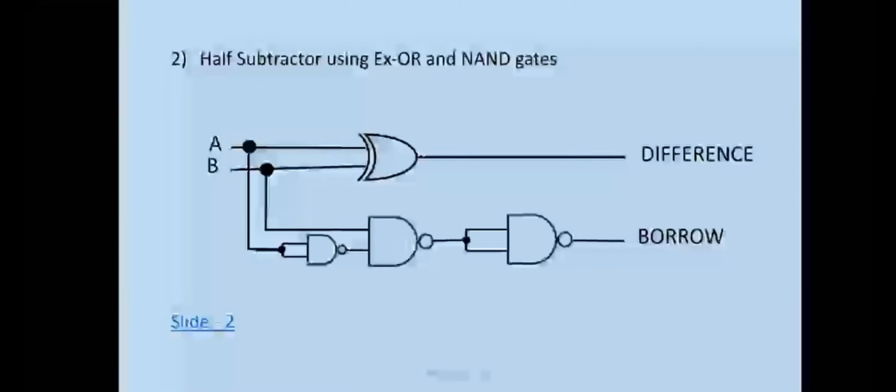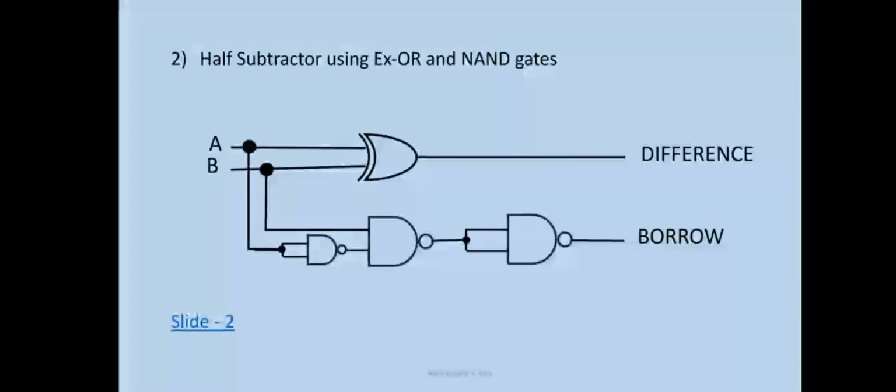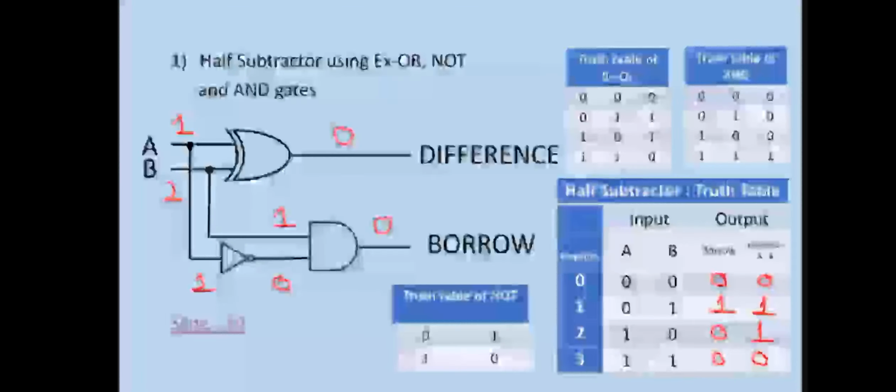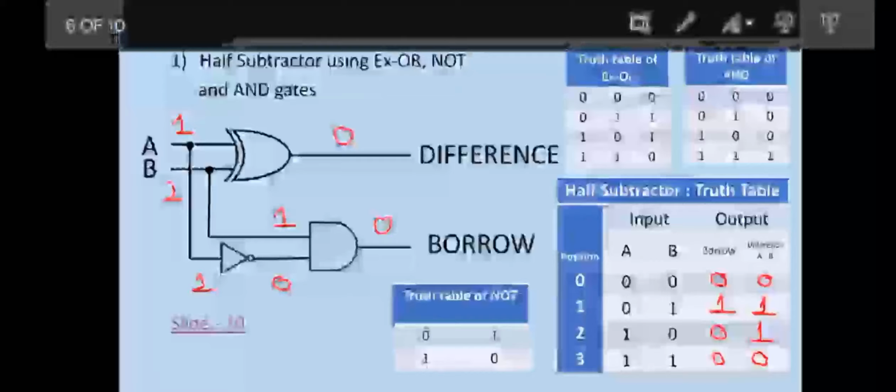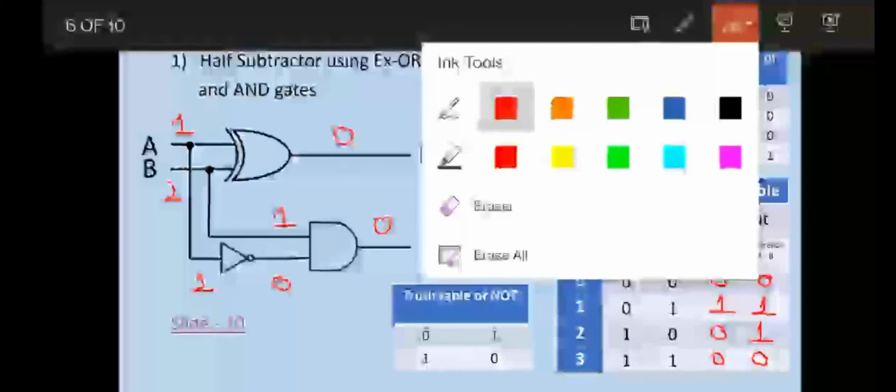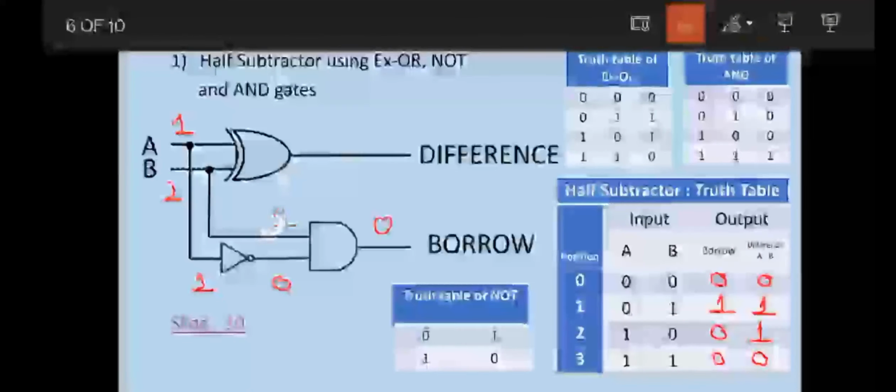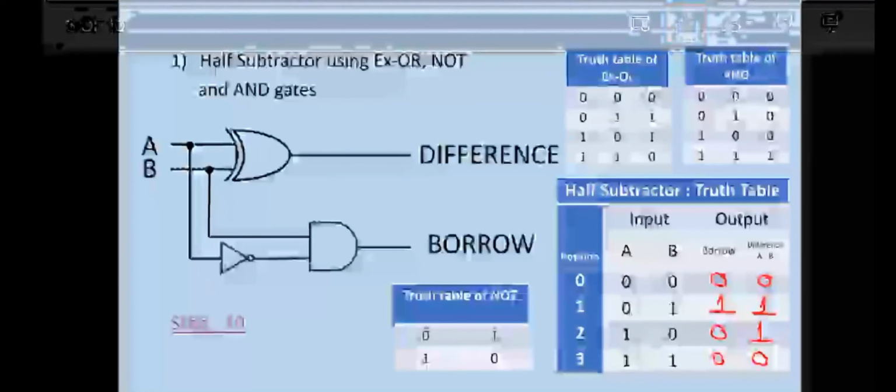Now, let us construct the half subtractor using XOR and NAND gates. Here we will have the circuit like this.